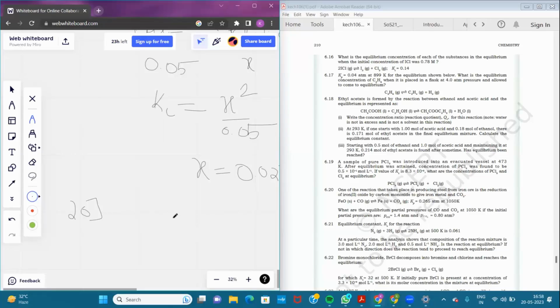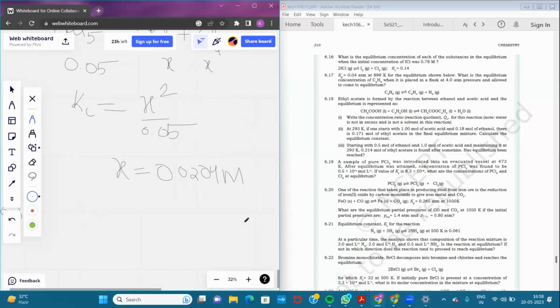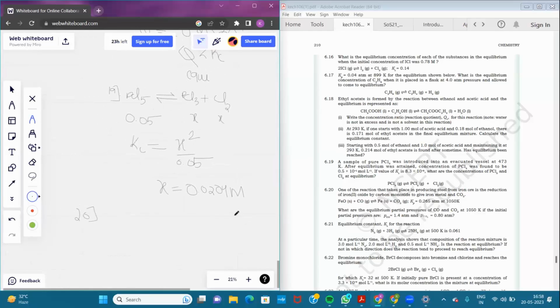One of the reactions that takes place in producing steel from iron ore is the reduction of ferrous oxide, that is FeO, by carbon monoxide to give iron metal and CO2. Kp is given. What are the equilibrium partial pressures of CO and CO2 at 1050 Kelvin, if the initial partial pressures are given? Here, observe carefully. The initial partial pressures of reactant as well as product both were given.